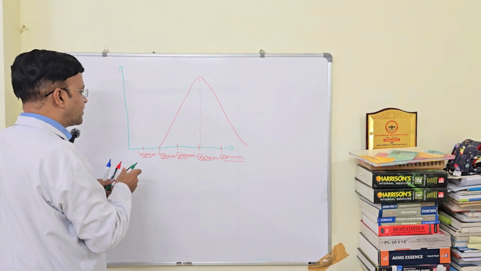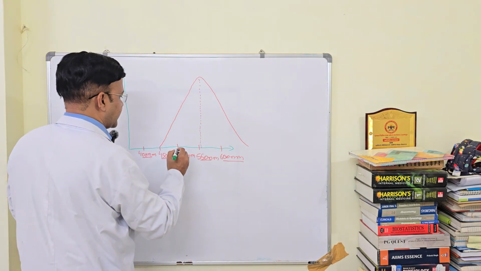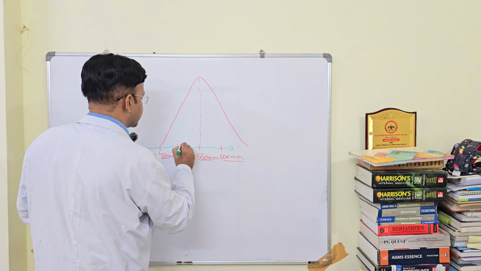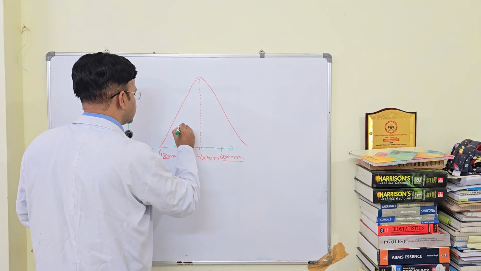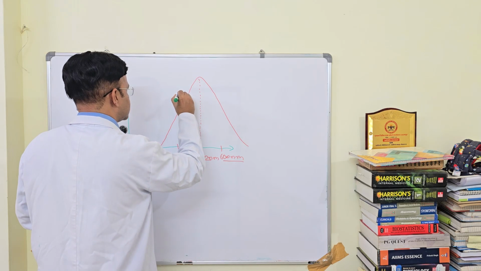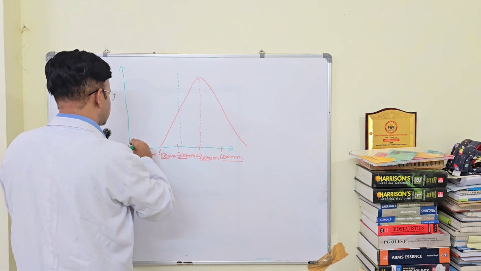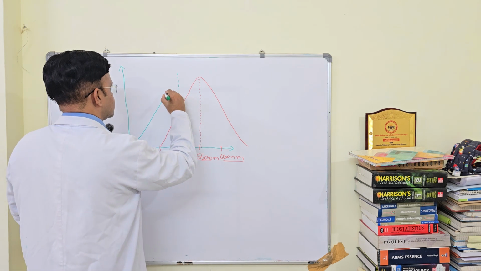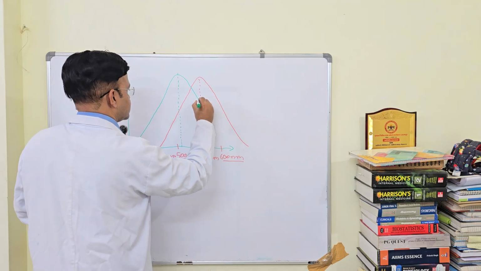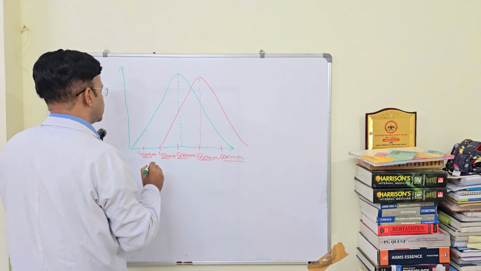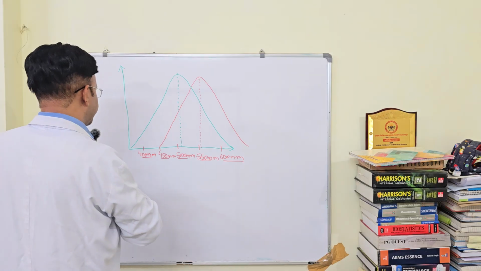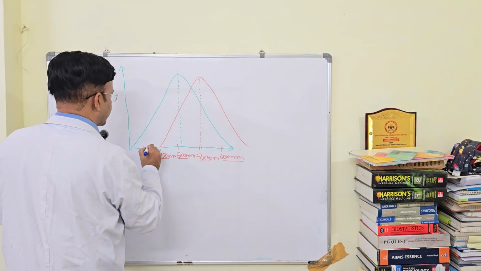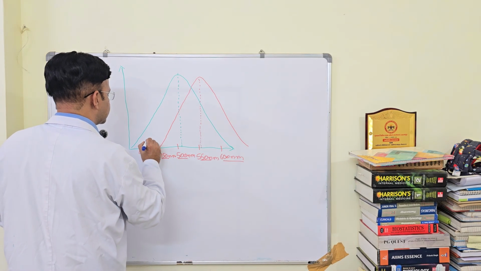Then we have the green cone at 530 nanometer, and then the blue cone at 420 nanometer.